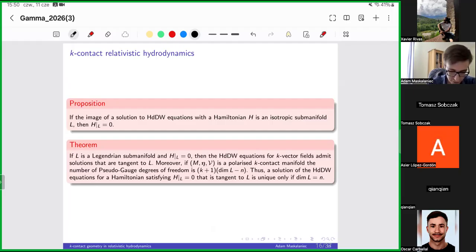So at first we observe that if an image of a solution to the Hamilton-de Donder-Weyl equations with a Hamiltonian H is tangent to L, then it is necessary that this Hamiltonian must vanish on that submanifold.